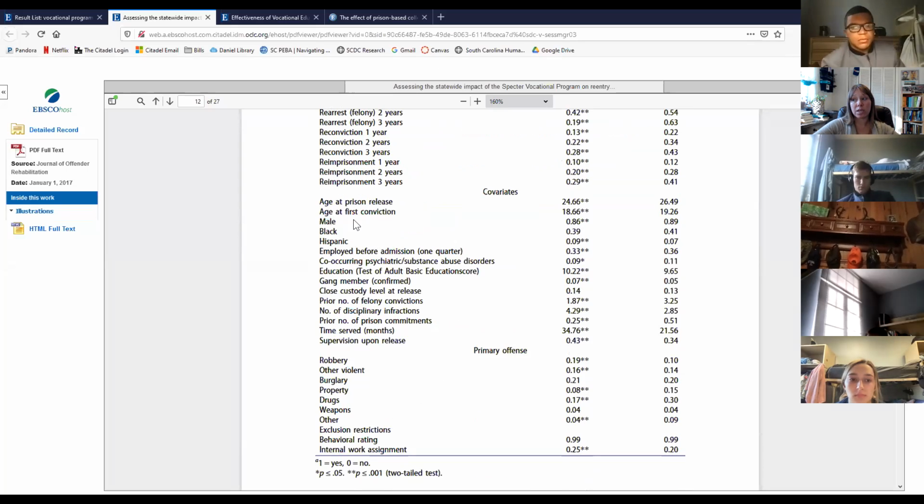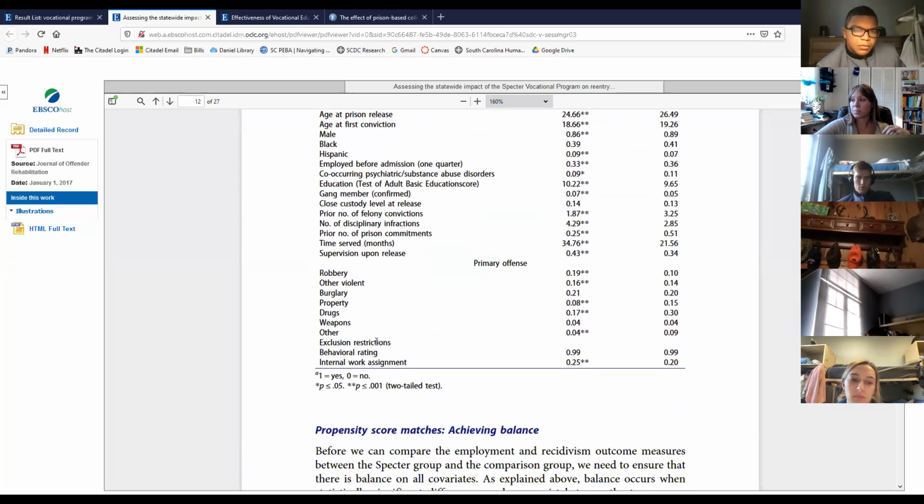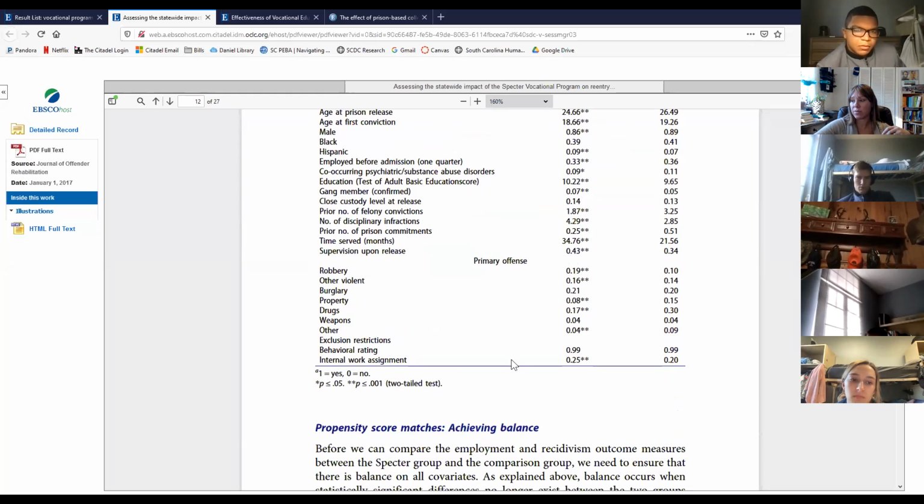So age at release, age at first conviction, if they're male, if they're Black, if they're Hispanic, were they employed before admission? Do they have a co-occurring disorder, meaning they have a drug abuse and/or substance abuse mental illness? How much education do they have? Are they a gang member? Like, we had a lot of variables. And then the offense that they were arrested for.